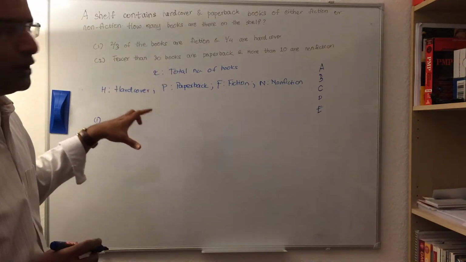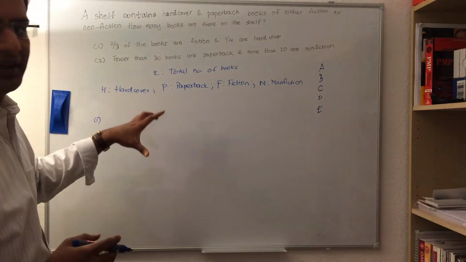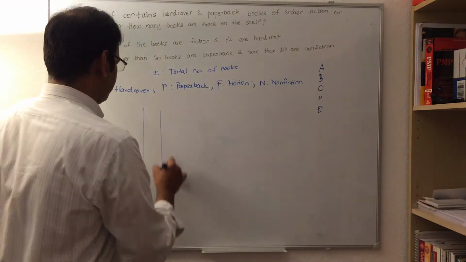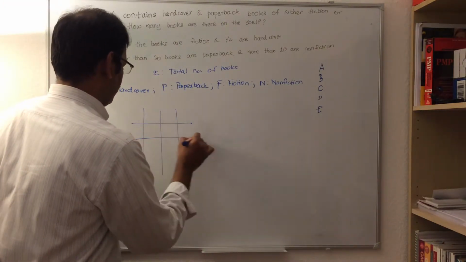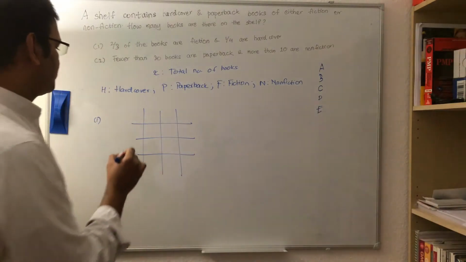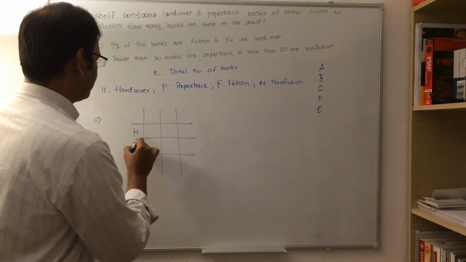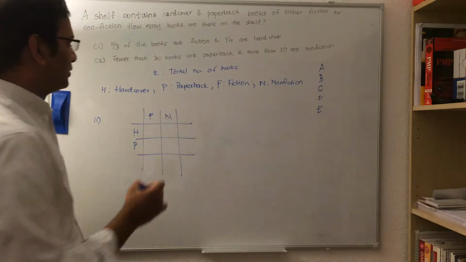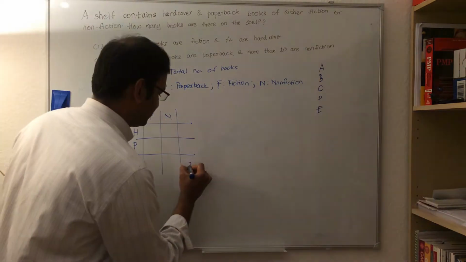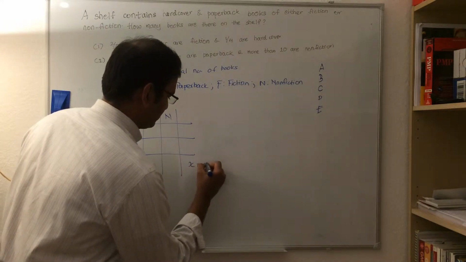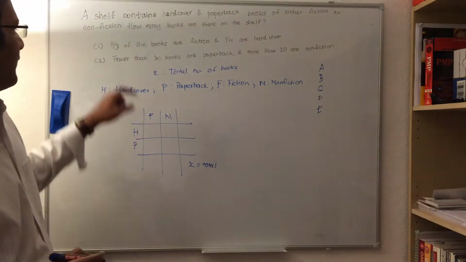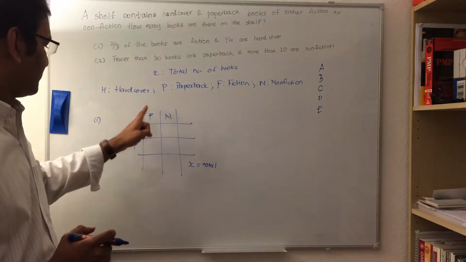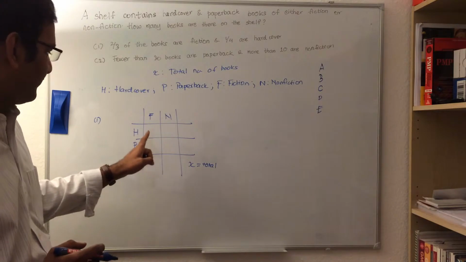The easiest way to solving such problems is to capture the information in a tabular format. So let me draw the table. We have hardcover books, H, and paperbacks. Then we have fiction and non-fiction. The total number of books should sum up to x. From statement 1, we know that 2/3 of the books are fiction. So this column represents the number of books that are fiction.